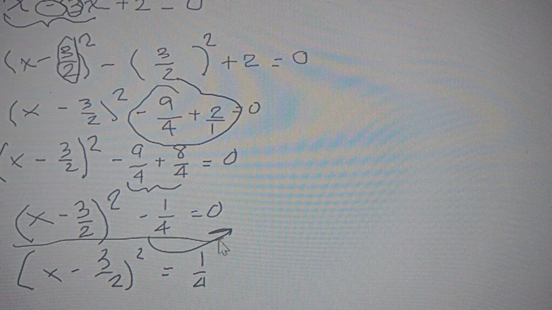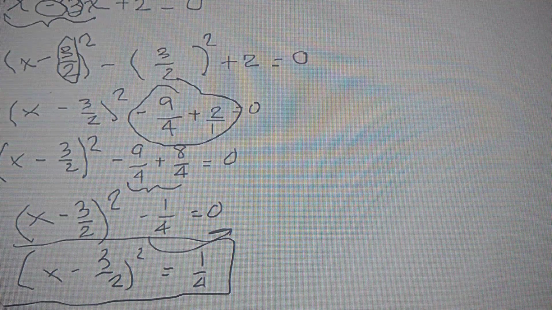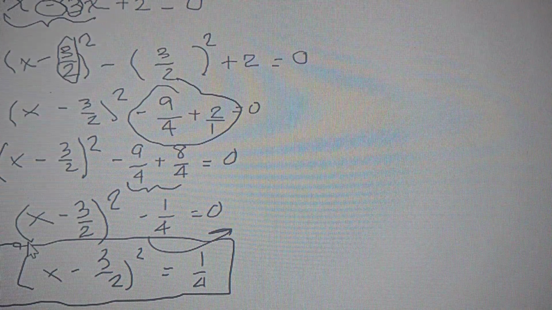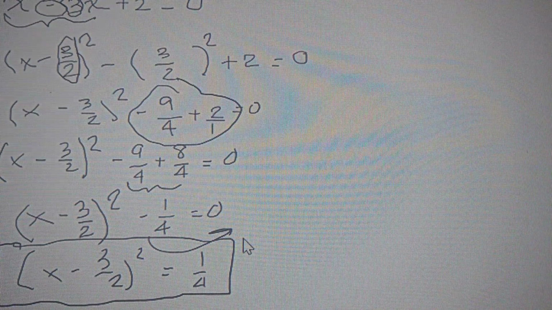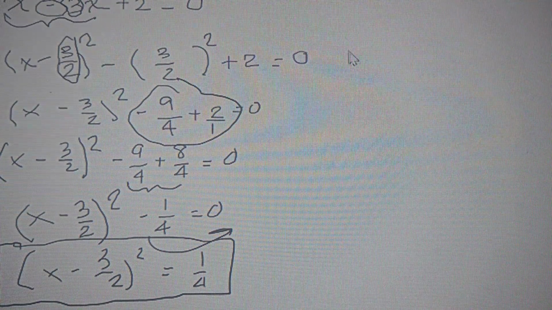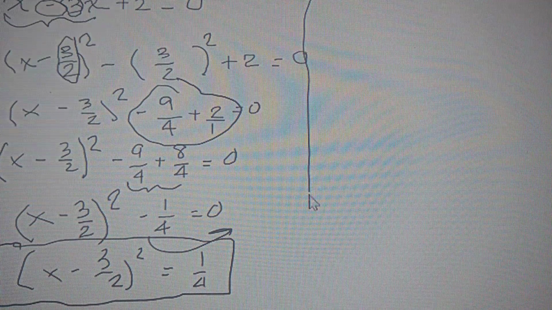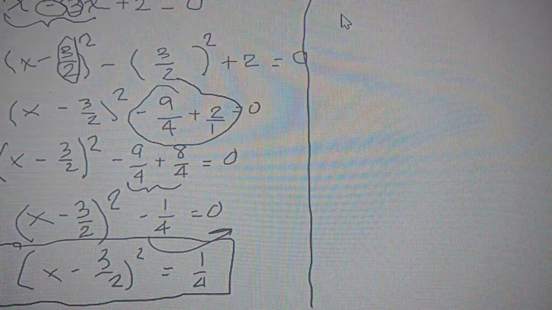And gentlemen and ladies, I just finished completing the square in such a way that I can take the square root on the left and the square root on the right and be able to come up with two solutions. So let's do it.